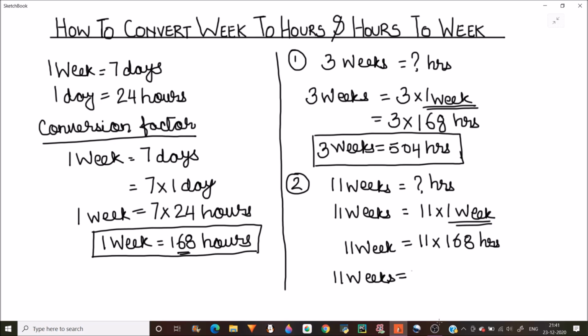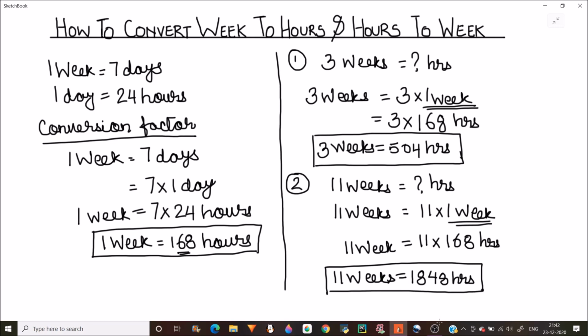This comes out to be 1848 hours. So 11 weeks is equal to 1848 hours. This is our final answer. Both these examples we have done by using the conversion factor.